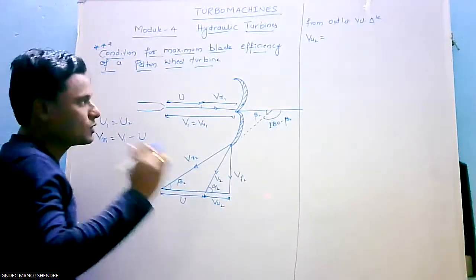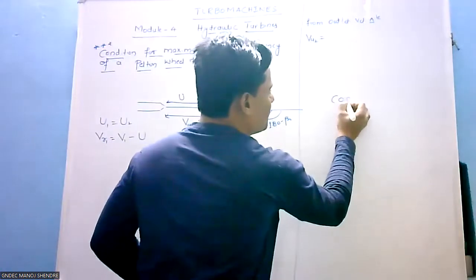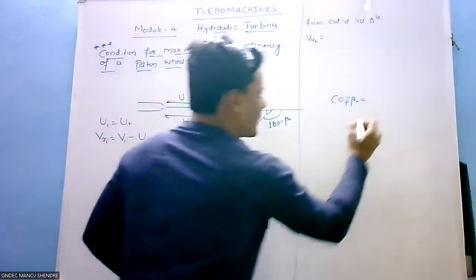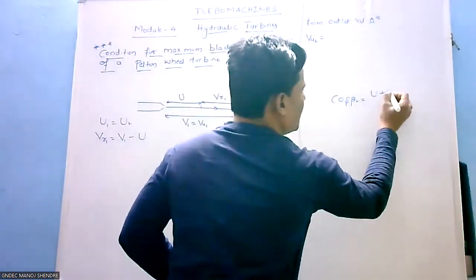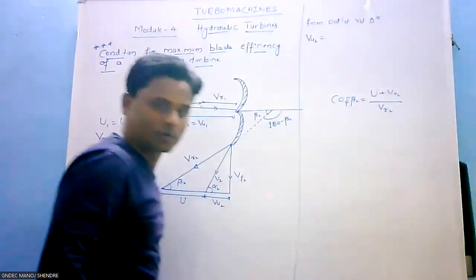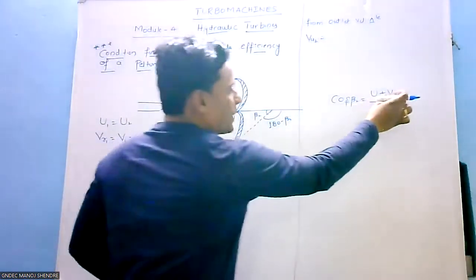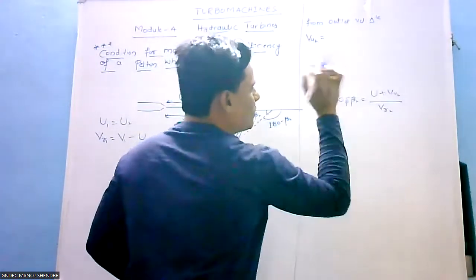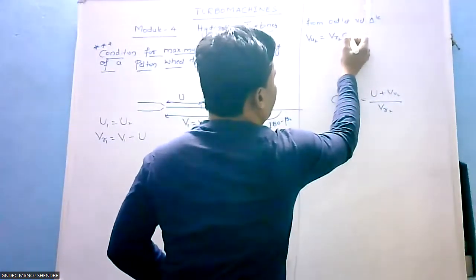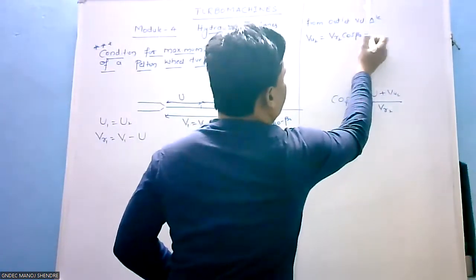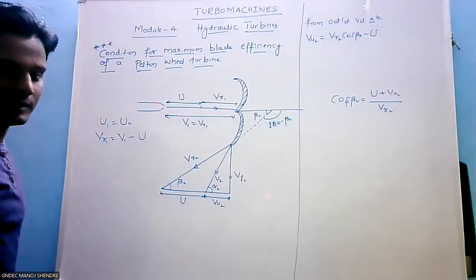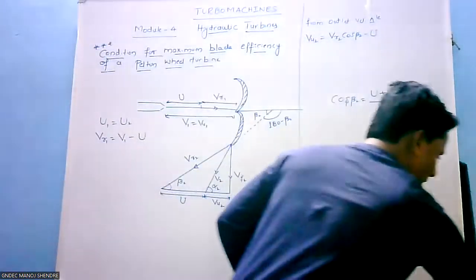So cos beta 2 equals U plus Vu2 divided by VR2. Therefore, Vu2 can be written as VR2 cos beta 2 minus U. So this is from the outlet velocity triangle.